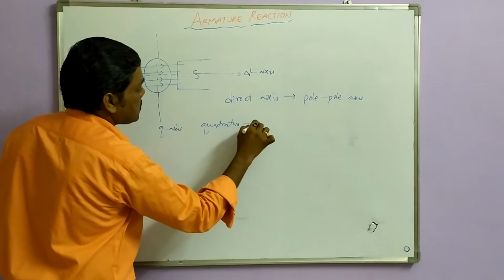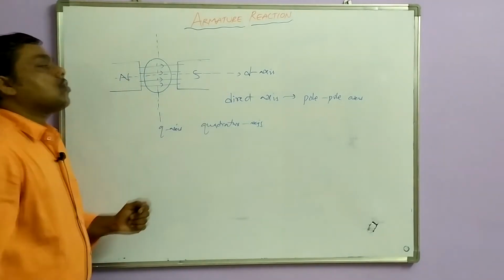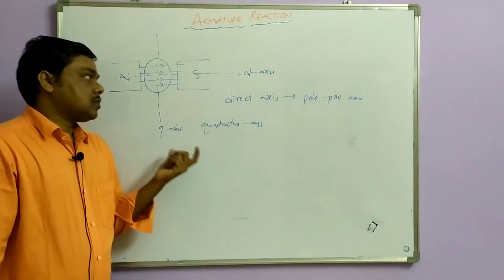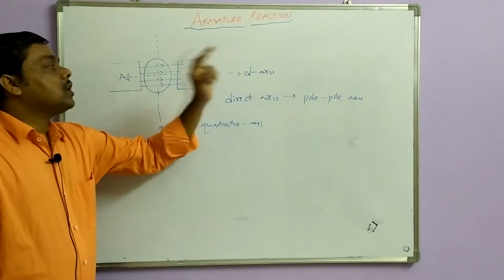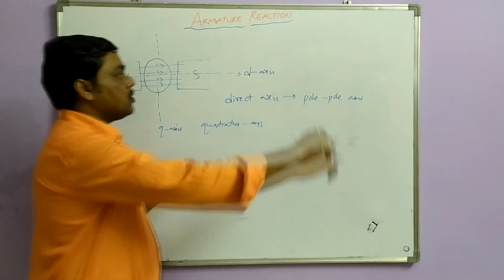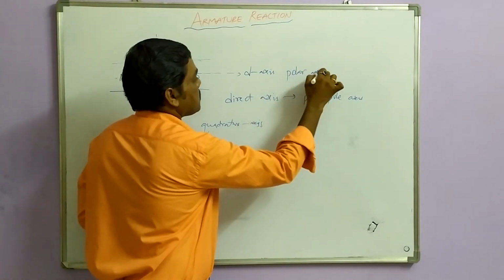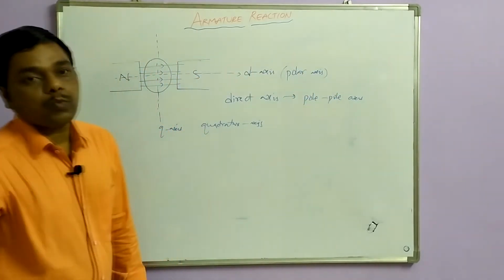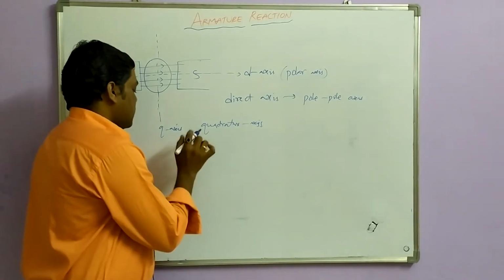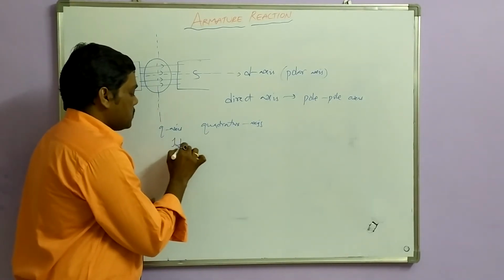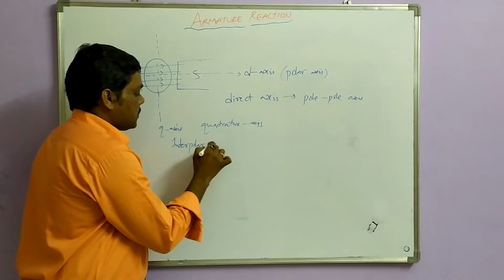This is perpendicular to the D axis, and the D axis is also called the polar axis, and the Q axis is called the interpolar axis.